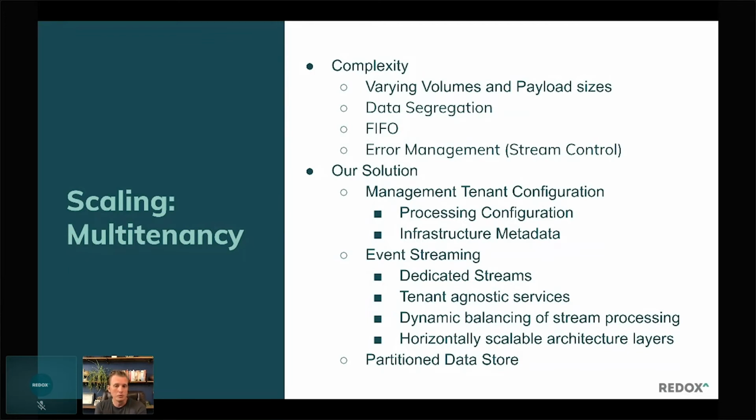And lastly, we partitioned our data store. In order to share infrastructure but ensure data segregation, we had to make sure that the data was separated even at the persistence layer, to the point that we had guarantees that no data could leak across tenants and health systems.